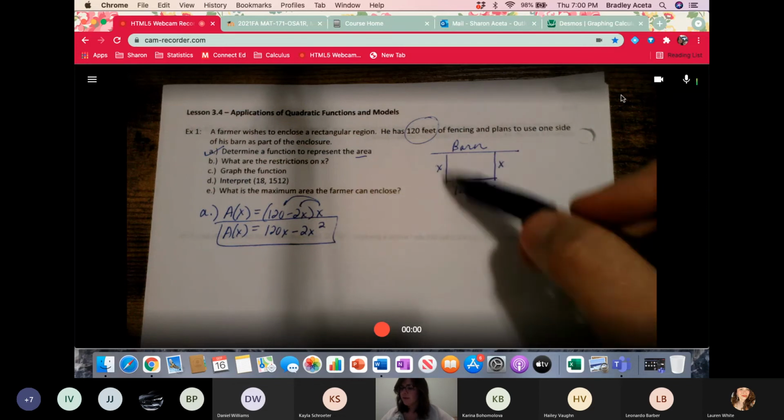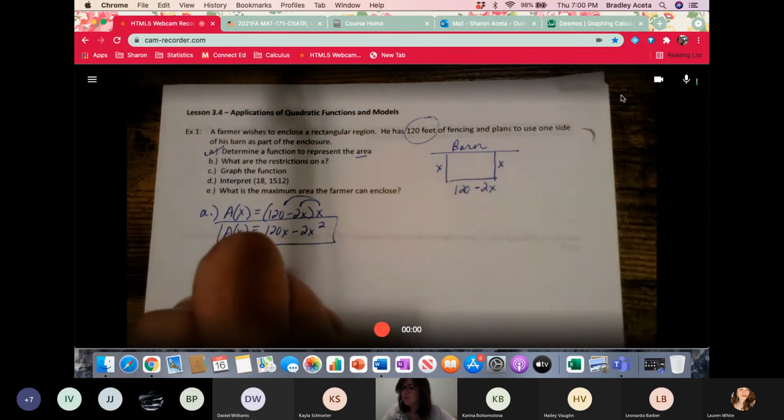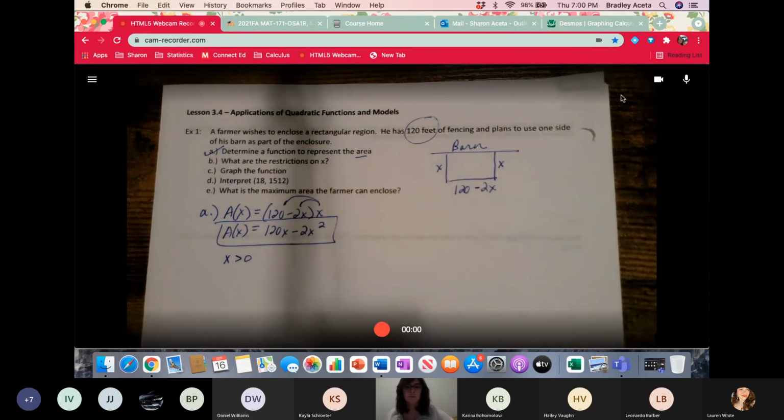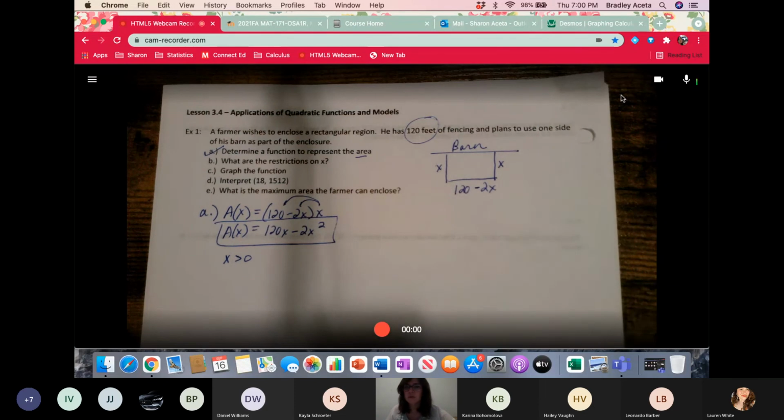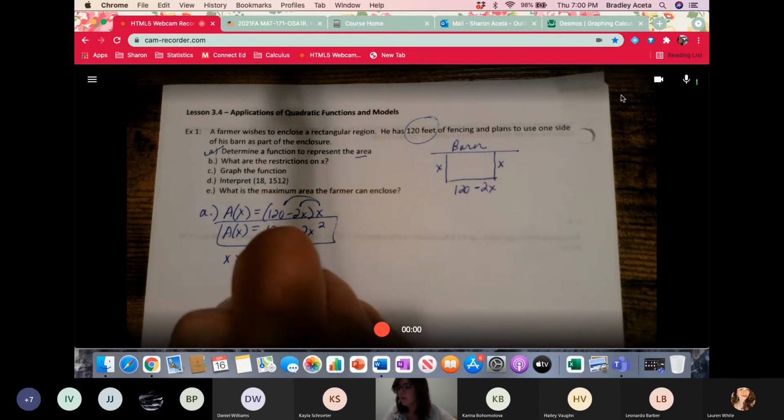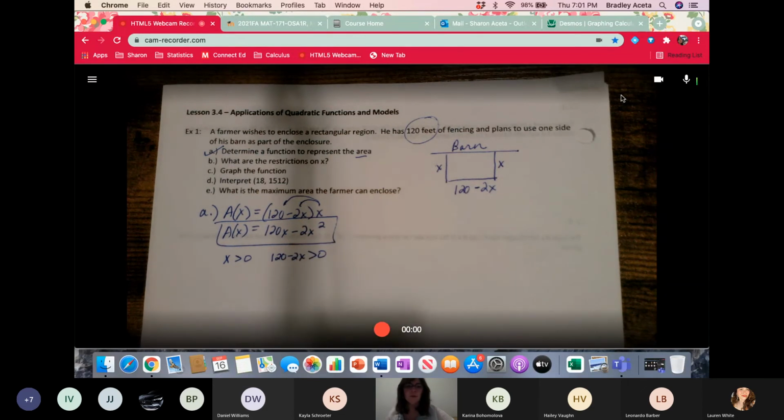So we know that we definitely want x to be bigger than 0. We want it to actually have a length or a width, okay? We also want this width to be bigger than 0. We don't want it to equal 0. That would be silly. So we want 120 minus 2x to also be bigger than 0.